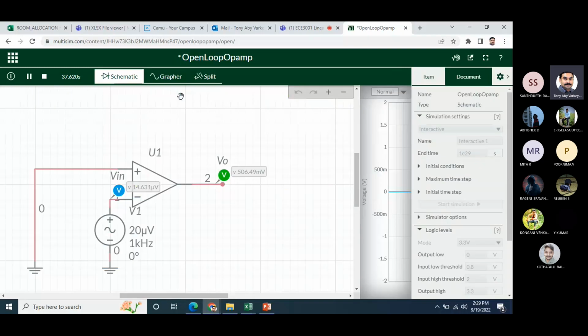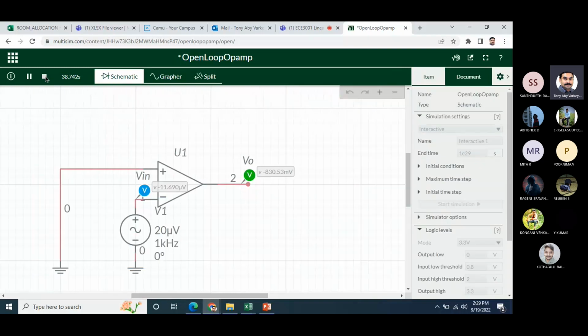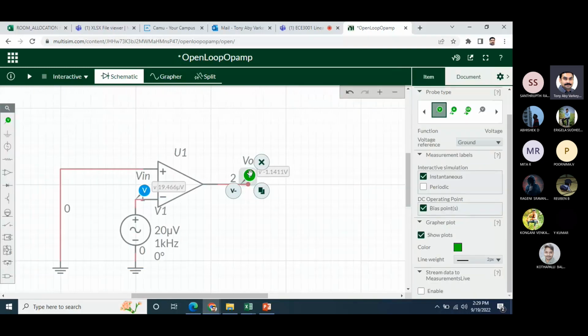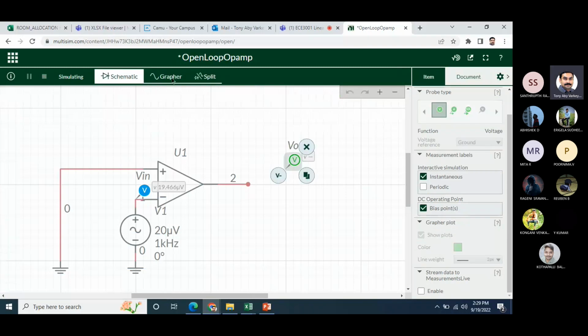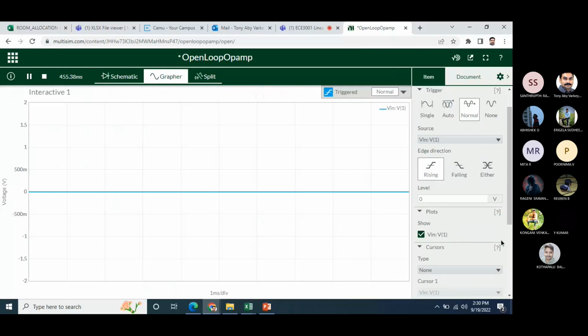It is very difficult to see because of the low voltage. Maybe I will remove this. Then maybe you will be able to. Let us see.